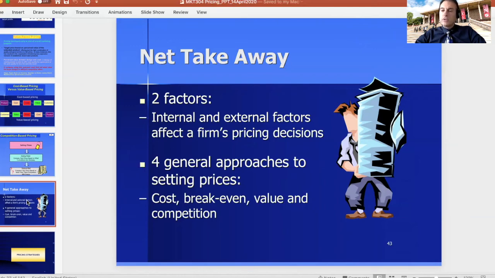There are four general approaches to setting the price: cost-based pricing, break-even pricing, value-based pricing, and looking at your competitors' prices. And again, if there was only one that you were going to use, that would not be good. But if you were forced to use just one, and the simple question is which one is the best, I would say it is value-based pricing.